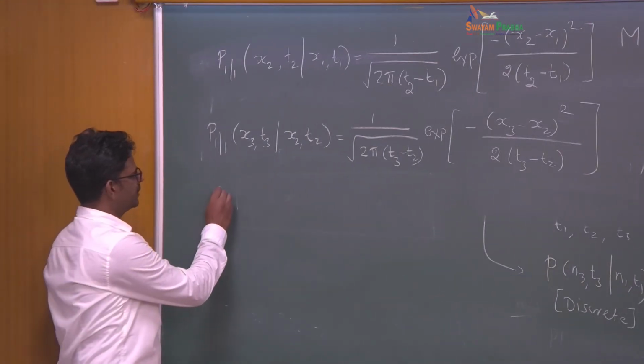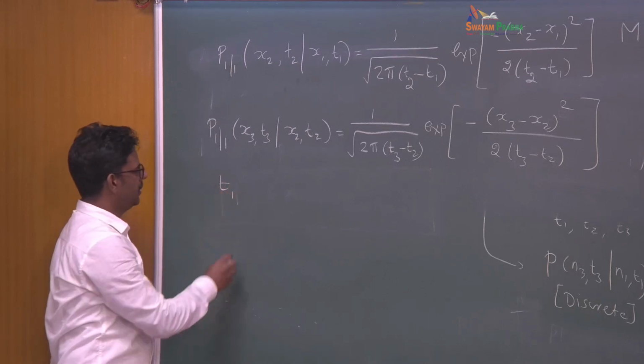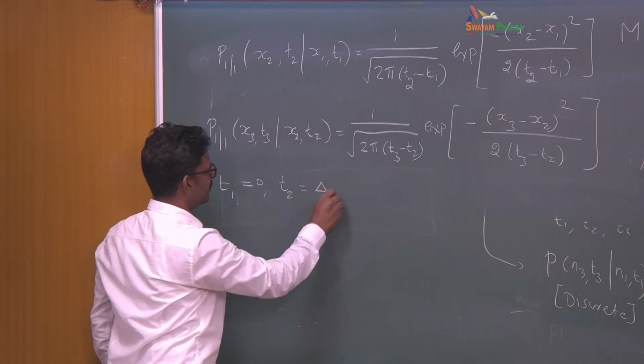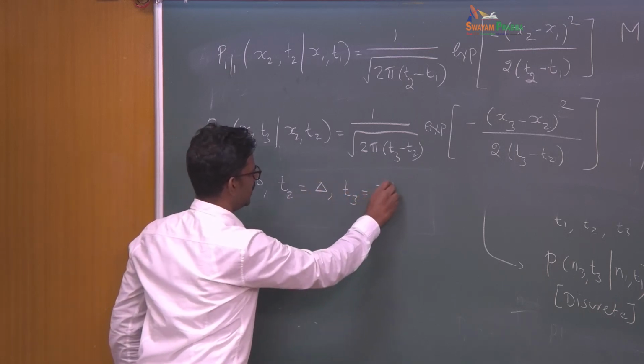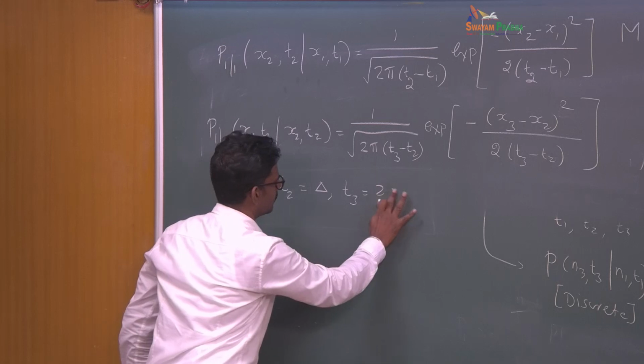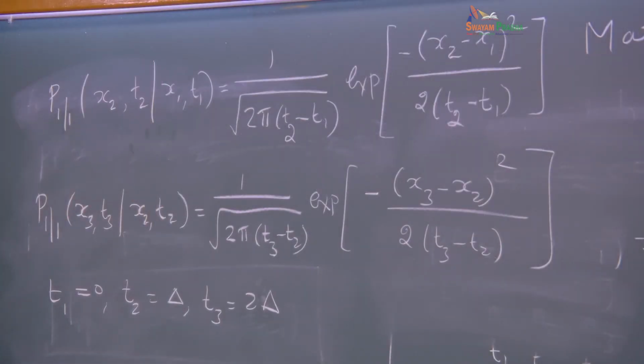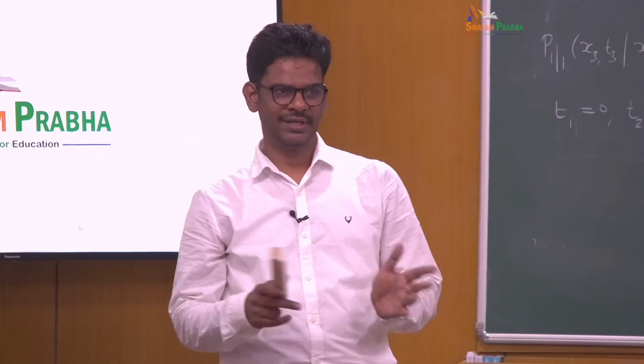We will say that t1 is 0, t2 is some delta, and t3 is 2 delta. This is just to make the number of terms a little simpler. The choice of t1, t2, t3 has to follow a certain order: it has to be either increasing or decreasing.